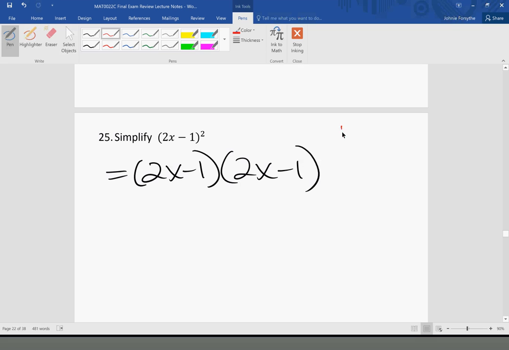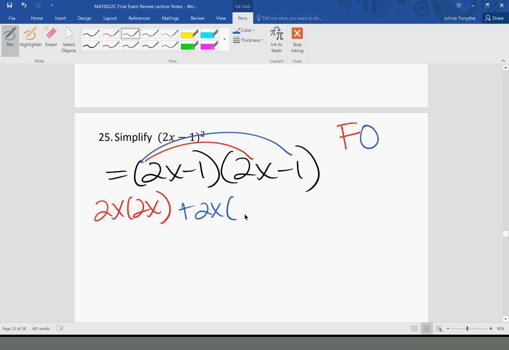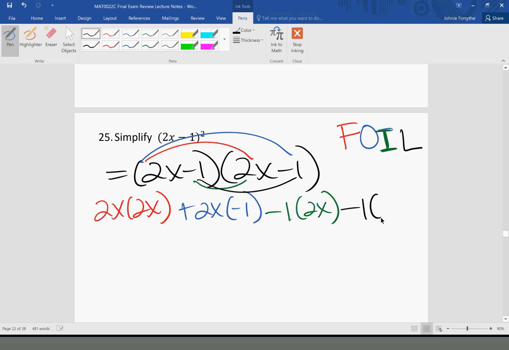So let's FOIL this. So FOIL first, 2x times 2x, outer, 2x times negative 1, inner, negative 1 times 2x, and then last, negative 1 times negative 1.